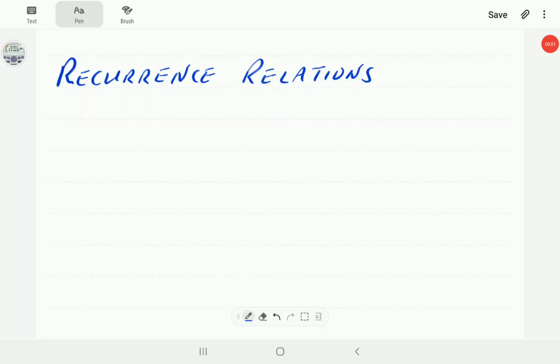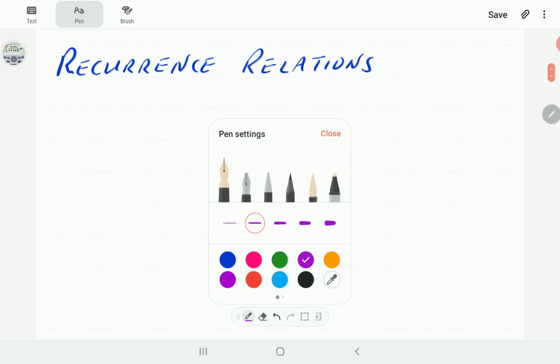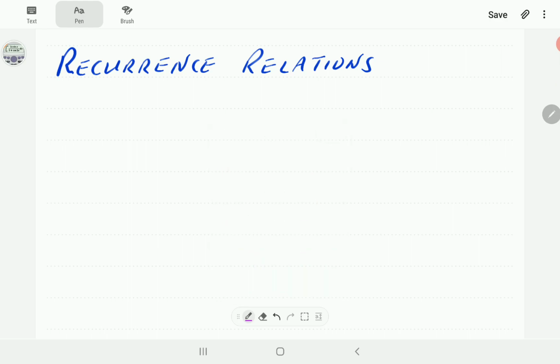Okay, in this video, I'm going to look at recurrence relations of Legendre polynomials. We just note that this term is synonymous with, these can also be called recursive formulas or recursion formulas as well.